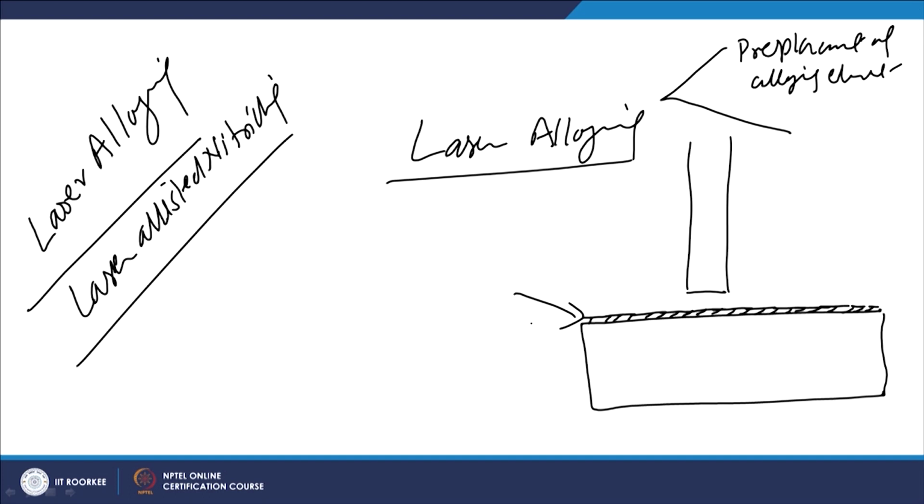This can be applied in the form of paste, or the element is dissolved and applied in the form of a solution over the surface, or it can be thermal sprayed over the surface.